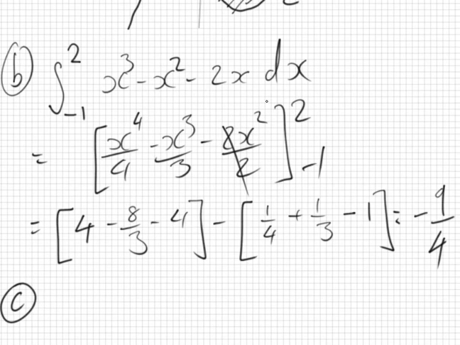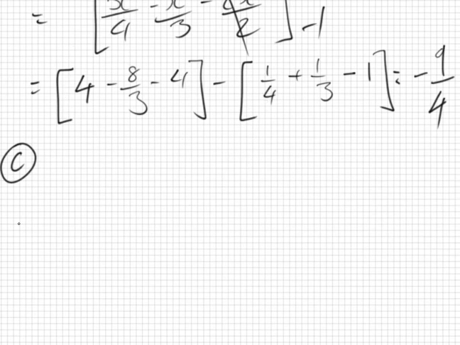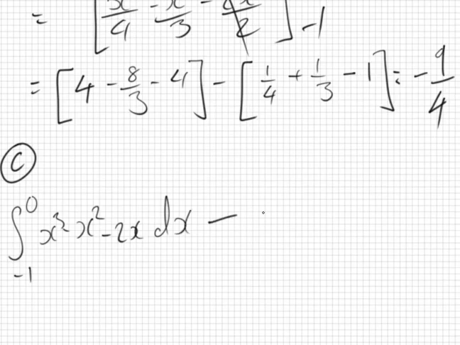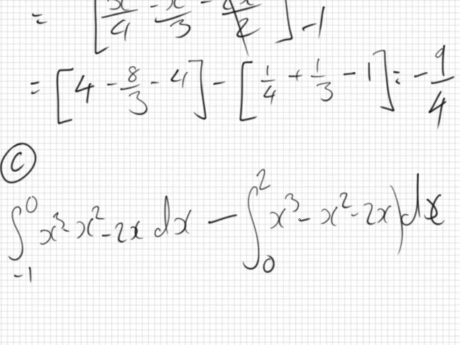You just have to split it from minus 1 to 0 and 0 to 2, with a minus on the second part. Since this is basically the same type of problem, but twice more, I won't go through all the steps, I'll just give you the answer.